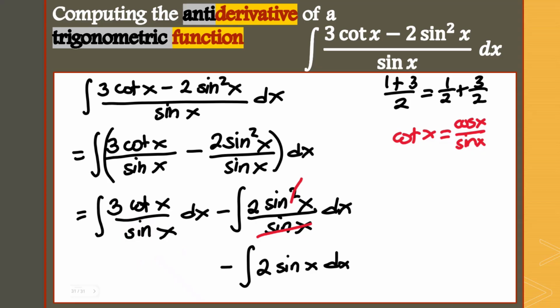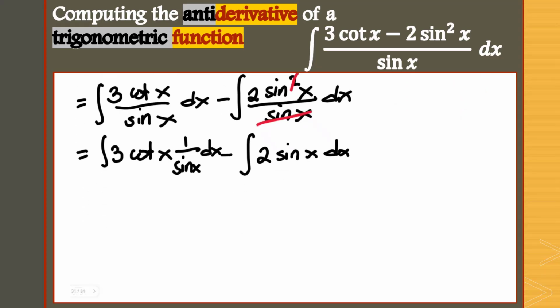What we can see here is that when you try to separate the cotangent x from 1 over sine x dx, we can provide an equivalent form for 1 over sine x in such a way that together with cotangent x, we have a rule for it to be integrated. I'm talking about this step here.